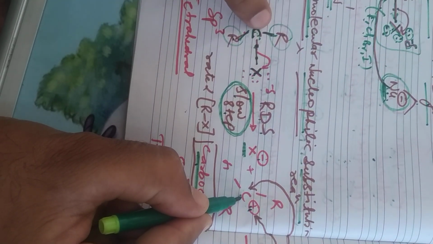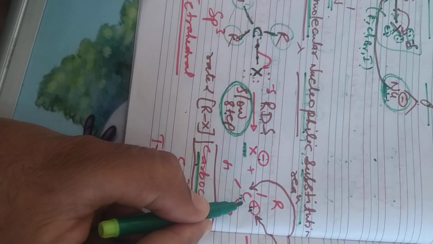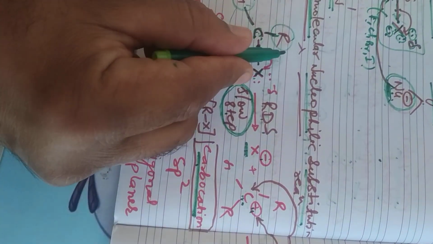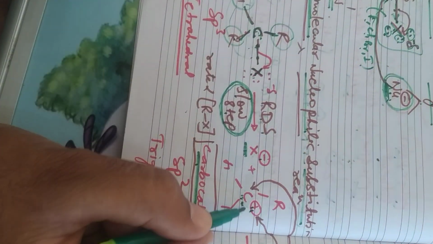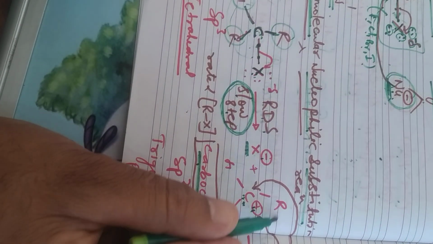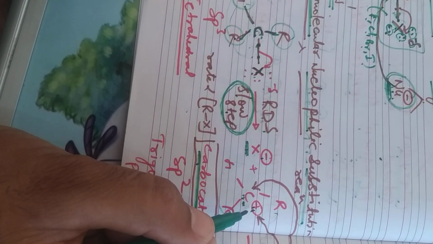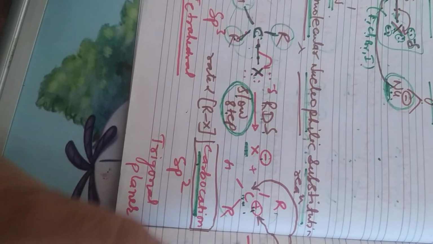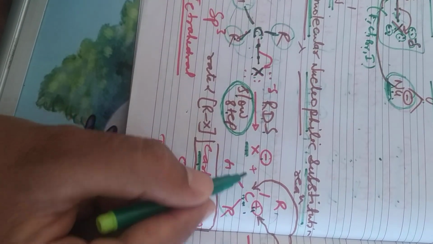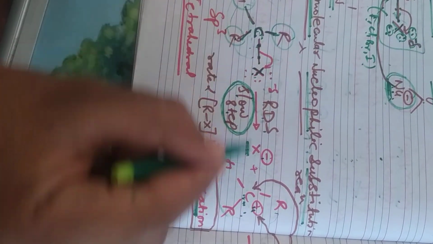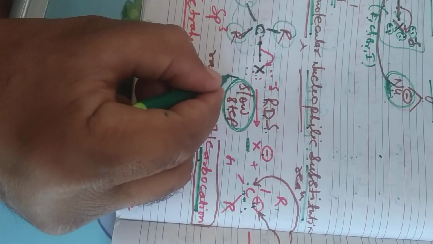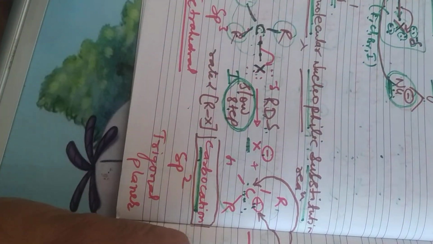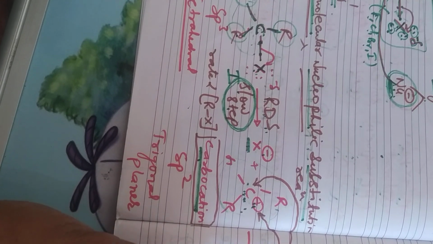If this carbocation is stable, then this alkyl halide easily breaks into this. If this is not stable, it will not form. So this step is the rate determining step, and this one is step 1, and this is step 2.